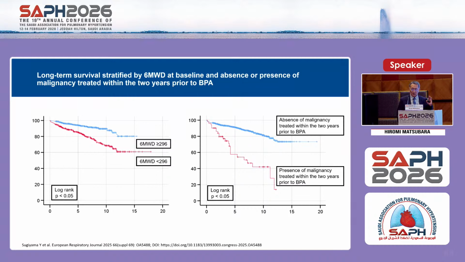If the patient's baseline 6-minute walking distance was less than 300 meters, the survival rate would be much worse compared to other patients. And for malignant disease, the survival rate was very poor, but it's because of death from malignancy, the recurrence of malignancy, not from PH-related deaths.